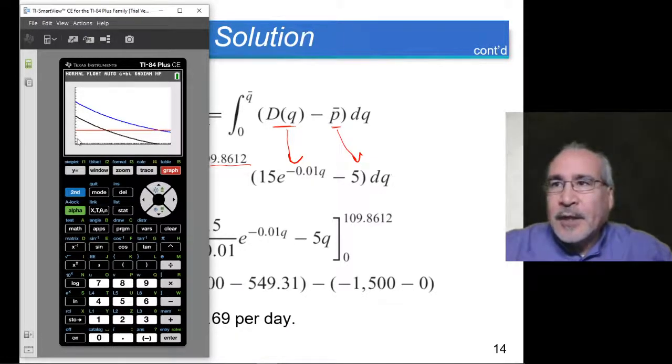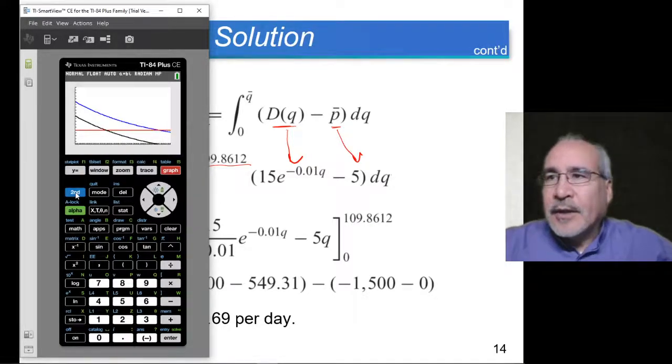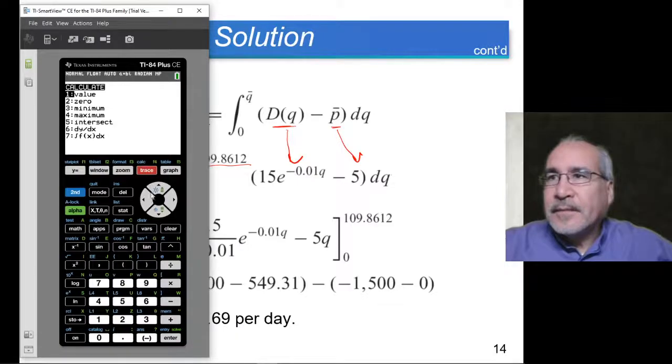So what I'm going to do is get the area under this curve, the black one, and you'll see it's really the same amount of area here, because it is really just this triangular area up here minus the rectangular area. So I go second calc, number 7, which is to integrate.